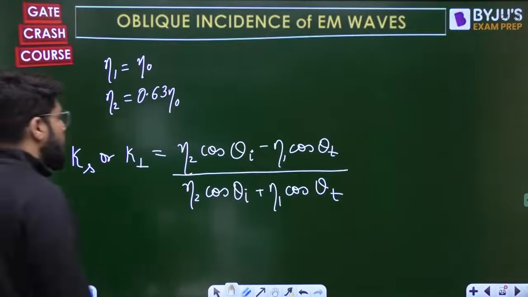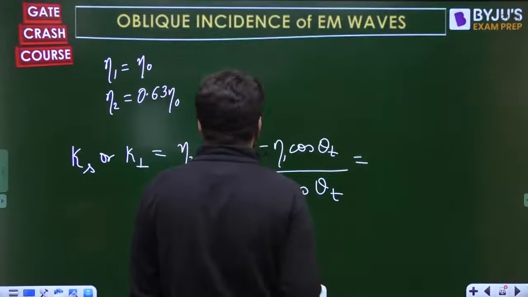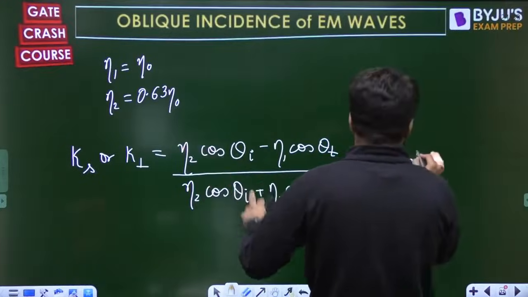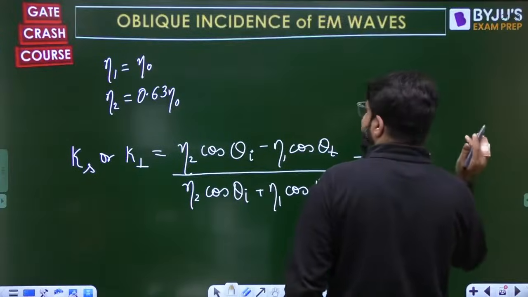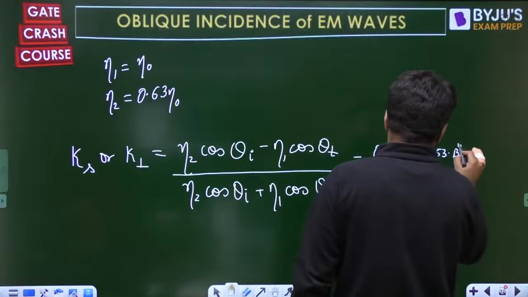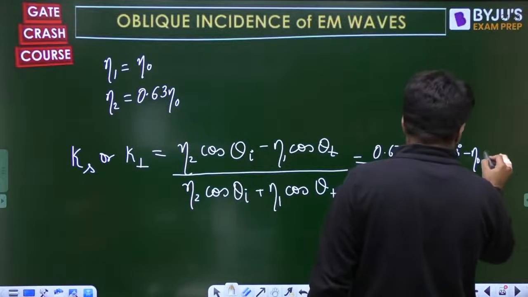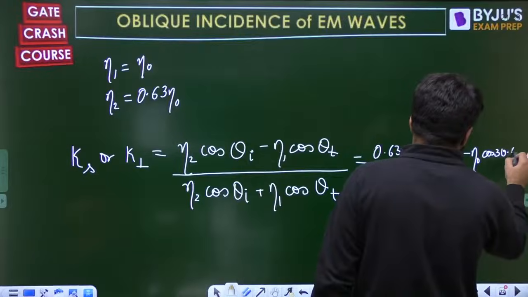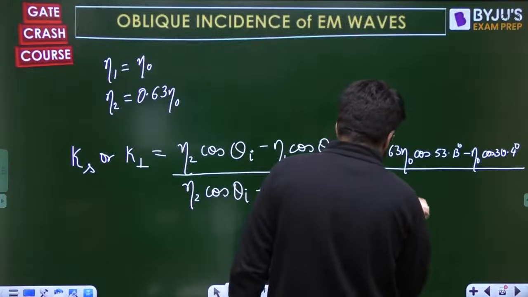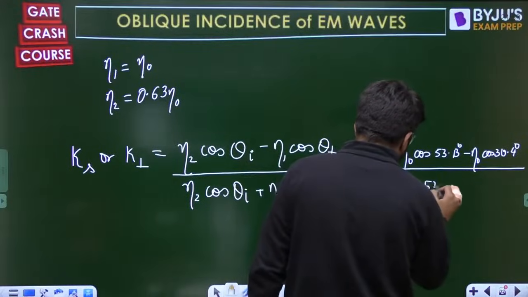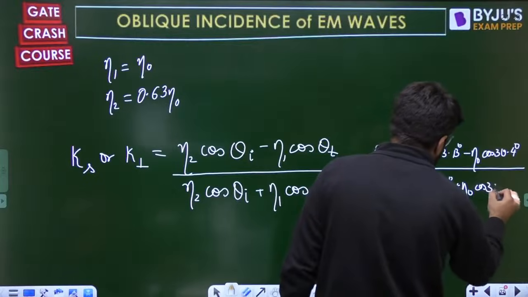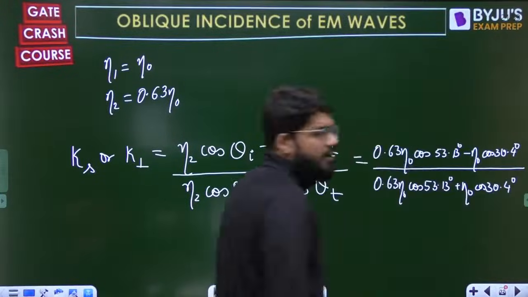Let us place down all the values we have calculated. This is 0.63 eta naught multiplied by cos of theta I. How much was theta I? Theta I is 53.13 degree, minus eta 1, which is eta naught, into cos theta T. Theta T, the transmission angle, is 30.4, divided by 0.63 eta naught cos of 53.13 degree plus eta naught cos of 30.4 degree.